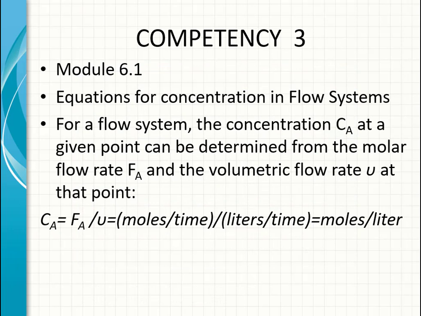Equations for concentrations in flow systems. For a flow system, the concentration CA at a given point can be determined from the molar flow rate FA and the volumetric flow rate v at that point. So CA, the concentration of A, will be FA divided by the volumetric flow rate v.